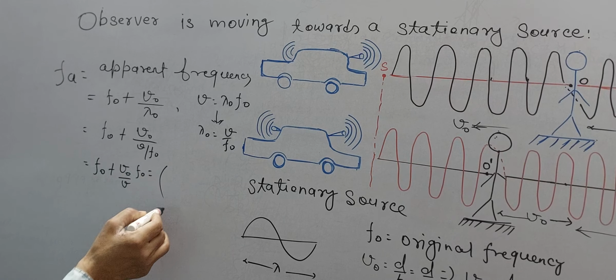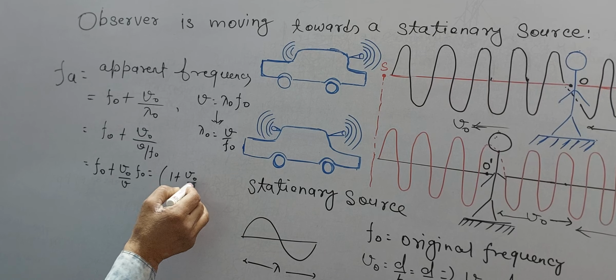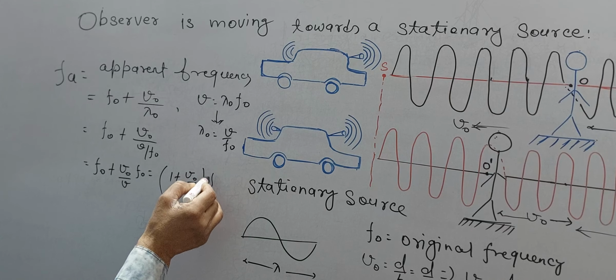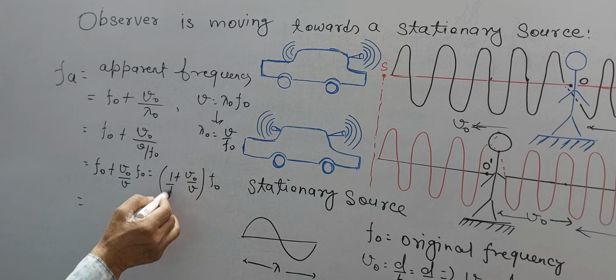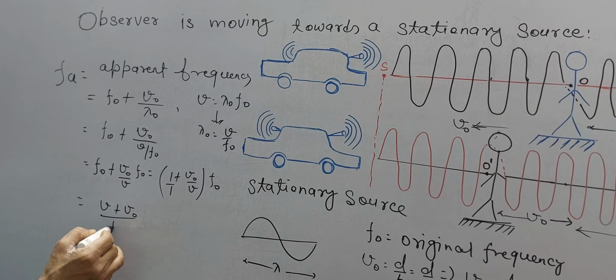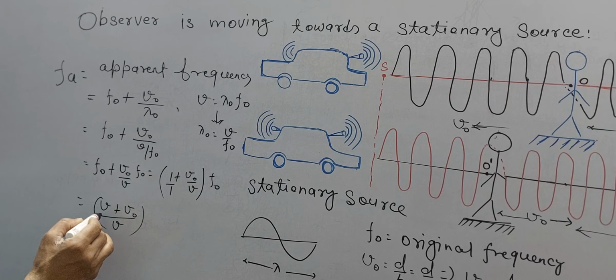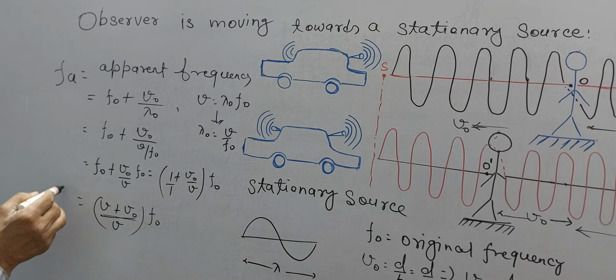If I take out f0 outside, the apparent frequency becomes f0 times (V plus v0) divided by V, after taking the LCM, where v0 is the observer velocity and V is the sound velocity in air. So this is our apparent frequency.